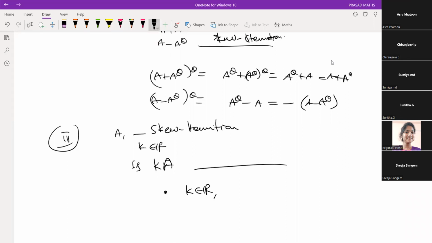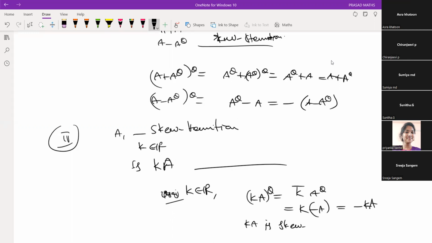Take K as a purely real number. First case. What about K into A whole theta? That means K bar into A theta. But K is a real number, so K bar is nothing but K. A theta is nothing but minus A. Therefore, minus of KA. Therefore, whenever K is a real number, it is skew Hermitian.